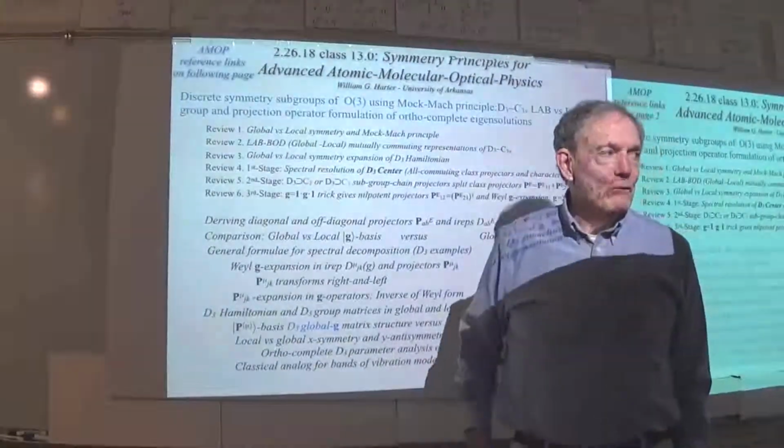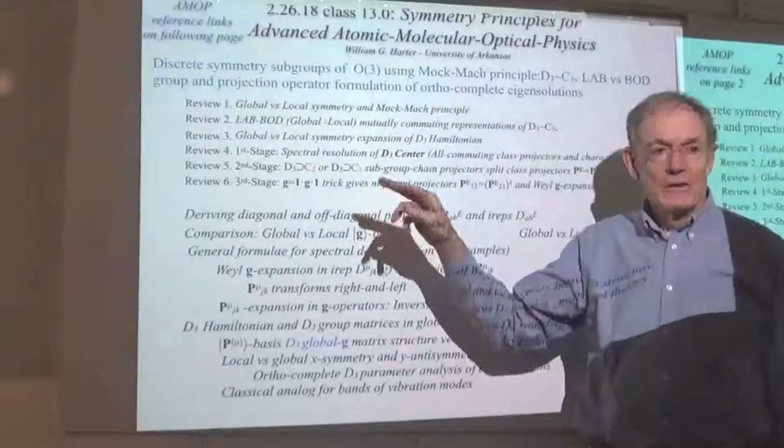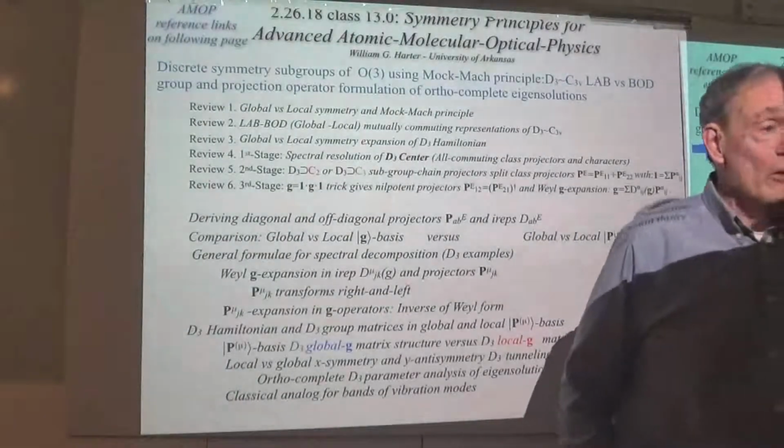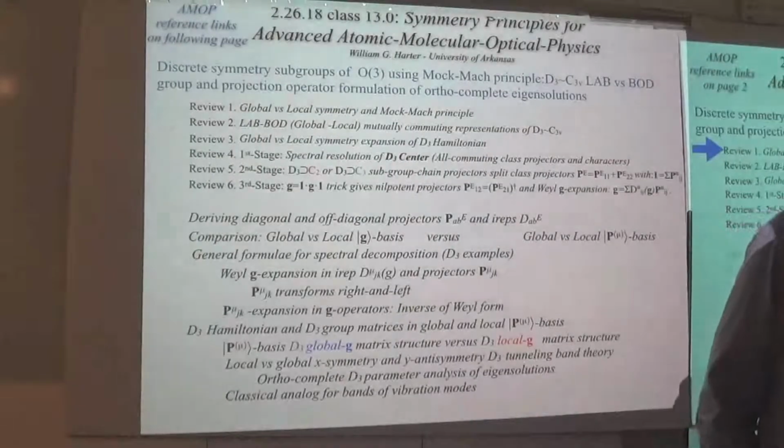Okay, the review 1 through 6 right here is basically what we talked about in the last lecture, and this time we're going to talk about it again, but with more precision and more examples.